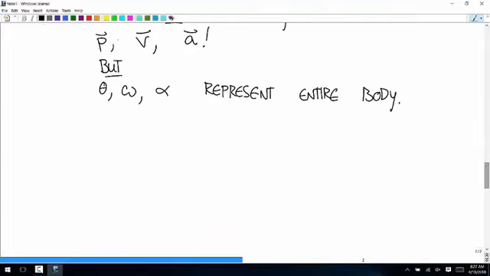But there are relationships between the translational quantities and the angular quantities. So I'm going to do that just with an example problem.